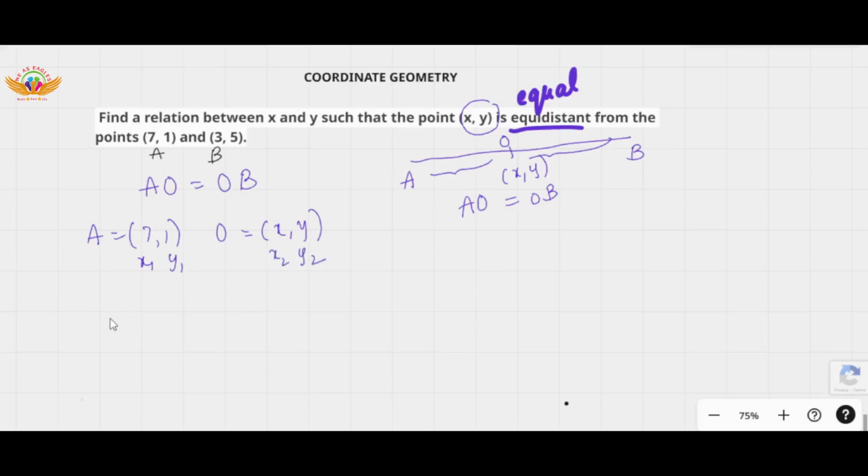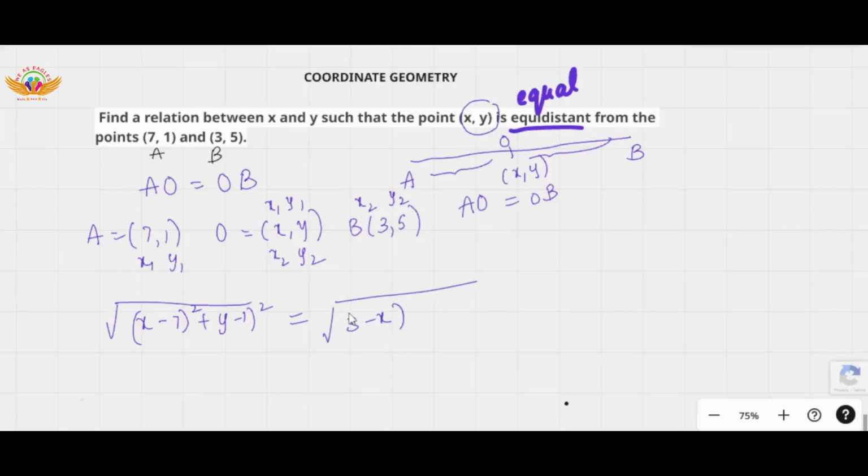Root of (x minus 7) whole square plus (y minus 1) whole square is AO, equal to, for the B point, which they have given as 3 comma 5. Now this will become our x1 y1 and this will become our x2 y2. Root of (3 minus x) whole square plus (5 minus y) whole square.